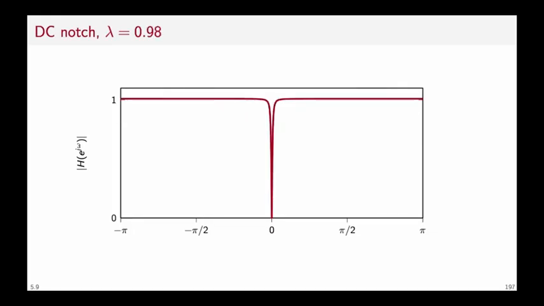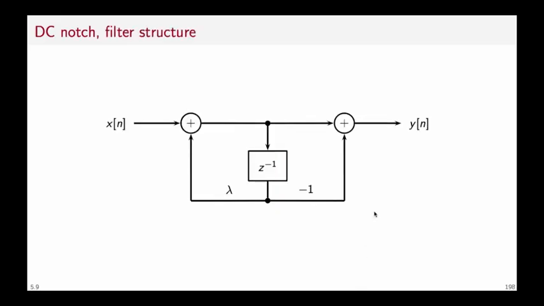And so here, for instance, the example is for lambda equal to 0.98, and we have achieved a very selective DC removal. The filter structure is very simple. We will exploit the direct form 2 that we have seen in the previous module and share the delay between the feed forward and the feedback part of the filter.